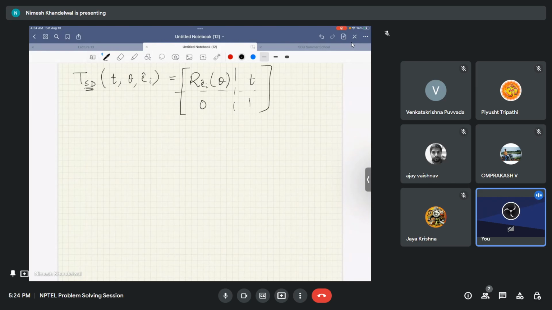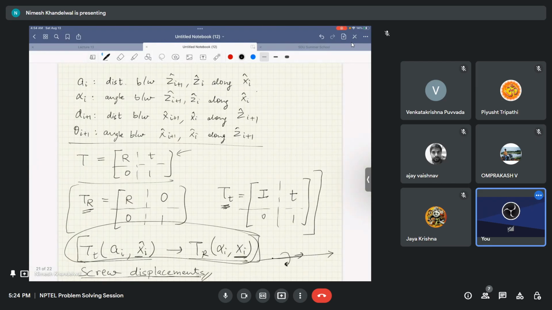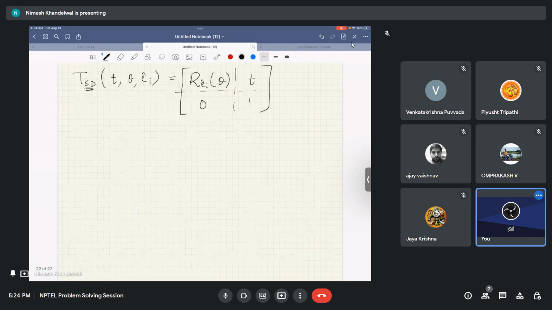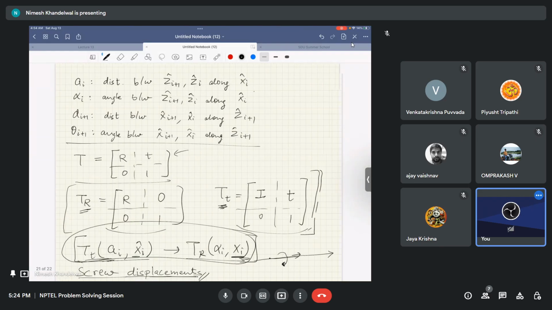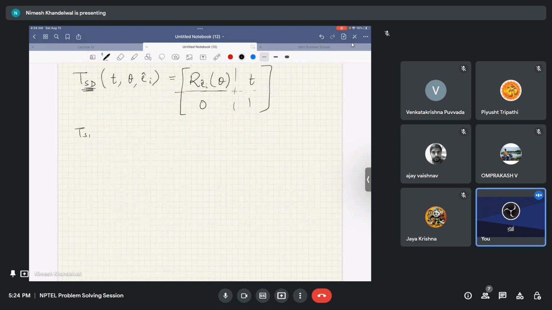You can say that it is an intermediate step to get from the fundamental matrices to homogeneous matrices. So for our given transformations, we can write that it was a screw displacement di, alpha I along xi.